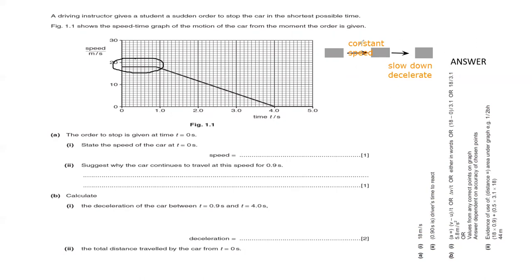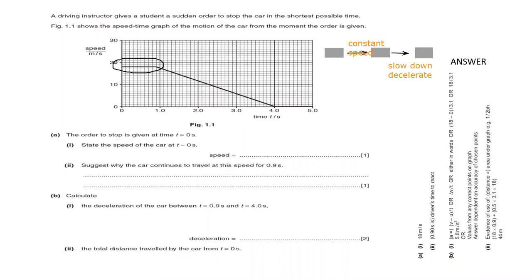For example, if you're driving a car and someone gives you an order to stop the car, you will take some time to react to the instruction. You will not press the brake instantly, so the car will continue to move with the same constant speed. That is due to the reaction time.